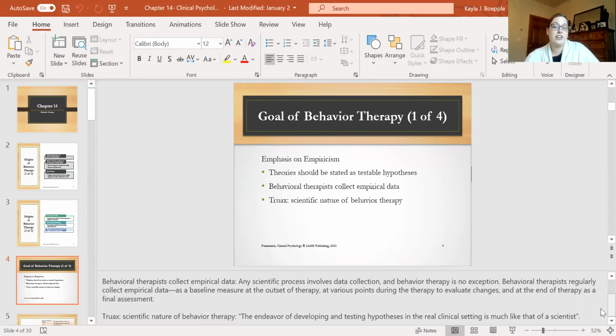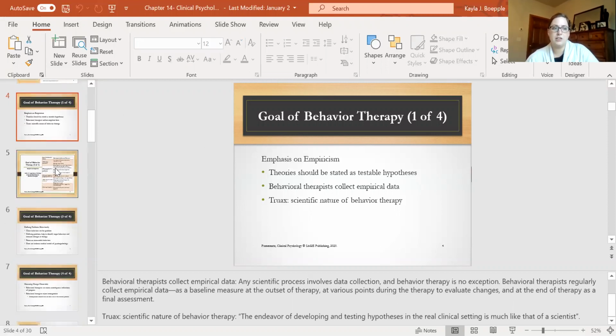This is the endeavor of developing and testing hypotheses in real clinical settings, much like a scientist. So actually taking that empirical research, coming up with our own hypothesis, developing and testing it out in the field in a real clinical setting versus any other setting, similar to what a scientist would do when they're talking about their work.